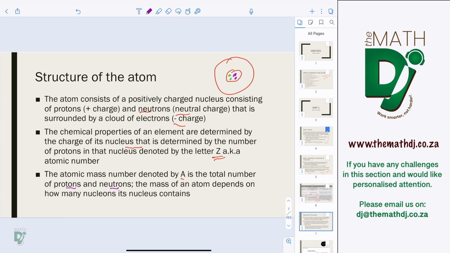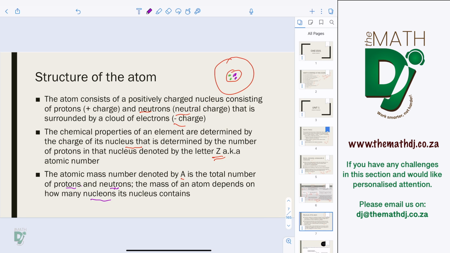These protons and neutrons form the nucleus, so they are collectively called nucleons. The reason the nucleus has a positive charge is because the neutrons don't have any charge, but the protons do. Since they are the only charged items there, the nucleus therefore has a positive charge.